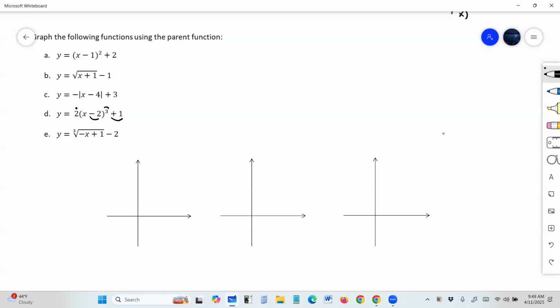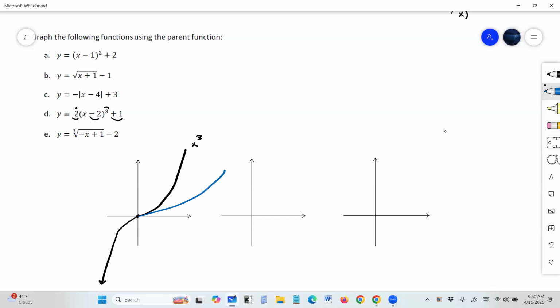So I'm going to graph the parent function. So this is a cubic. Now, this is what happens when you multiply the function by a number. This number is greater than 1, which means that the function is going to grow faster. Now, normally a person would think, well, if it's faster, it would be this way, right?